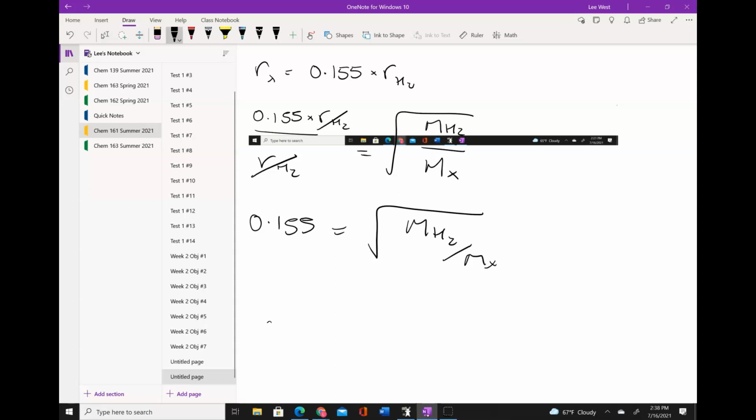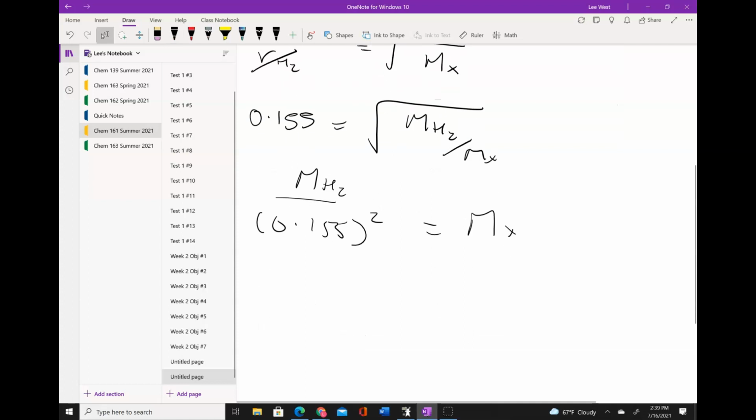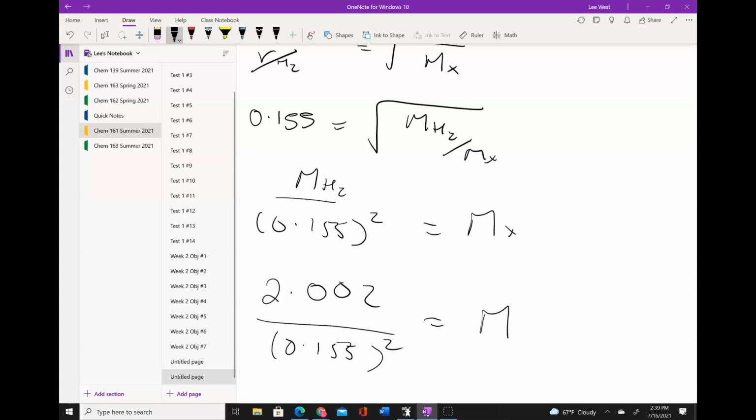So it's going to be, let's write a little neater, 0.155 squared times the mass of H2 is equal to the mass of our unknown, and we already resolved before that 2.002 is the molar mass of H2, isn't it, over 0.155 all squared is equal to our molar mass. And then we'll look that number up directly in the periodic table.